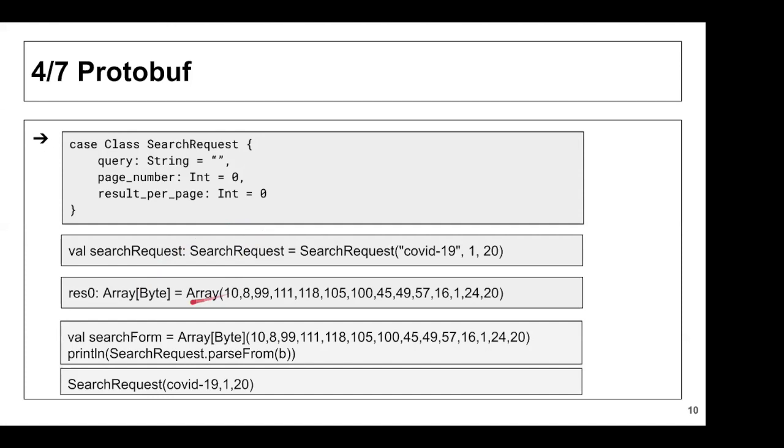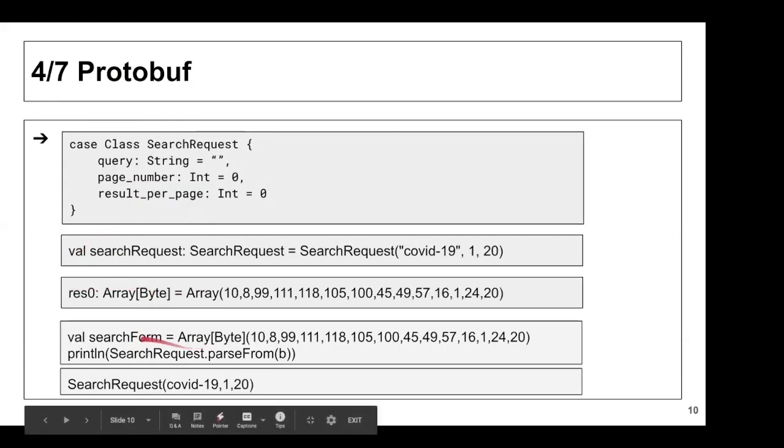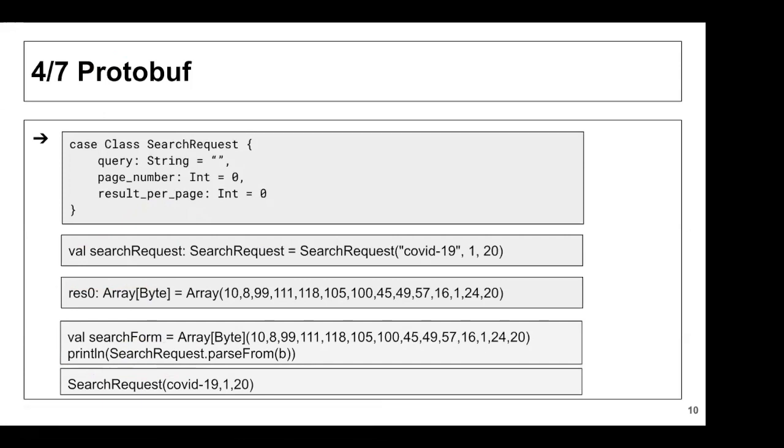Once the data is in a serialized format, it can be serialized using Java, and we can deserialize inside Scala, because the proto file that we have here can be shared between different languages, and when we deserialize, we will get the message inside it. In this way, it's language neutral.